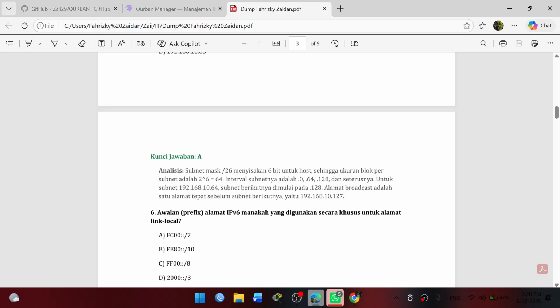This means our subnets go up in intervals of 64.